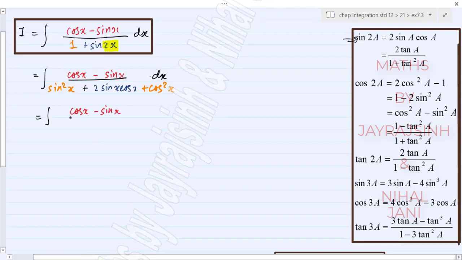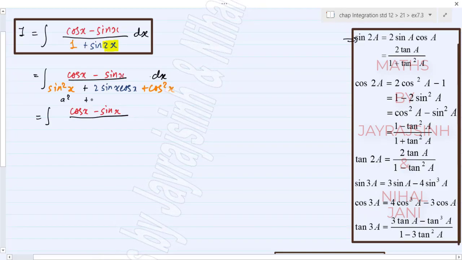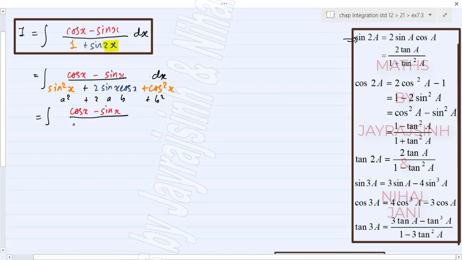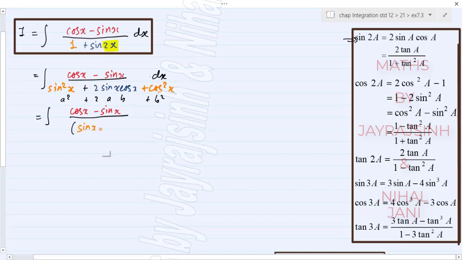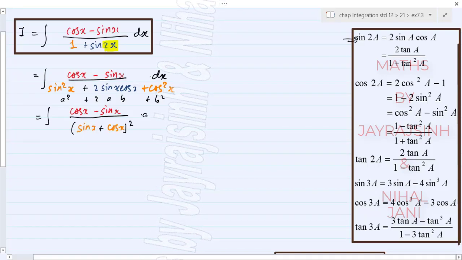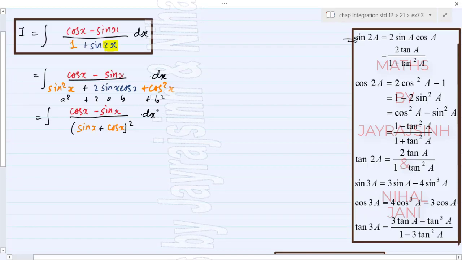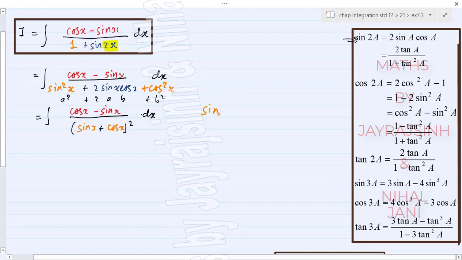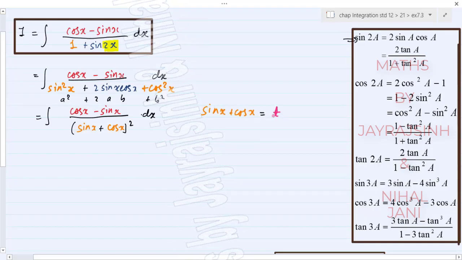In the denominator, we get a square plus 2ab plus b square form, which is actually the perfect square of sin x plus cos x, right? Sin x plus cos x is your inner function, and its differentiation is also available within the multiplication of dx, which indicates that we have to assume sin x plus cos x is equal to t.